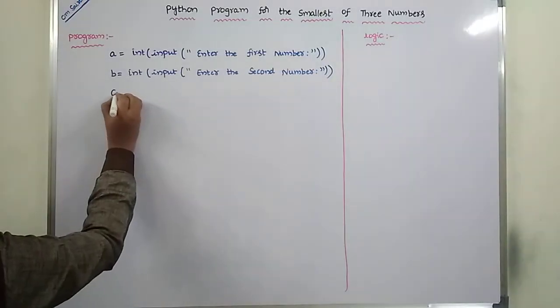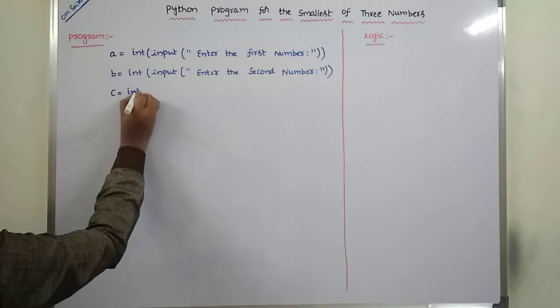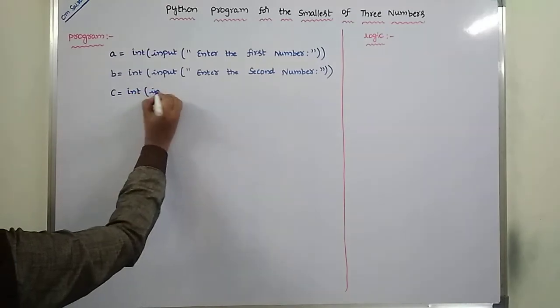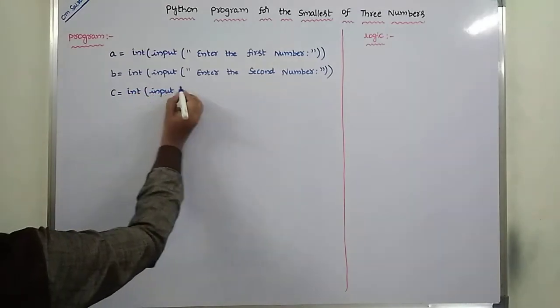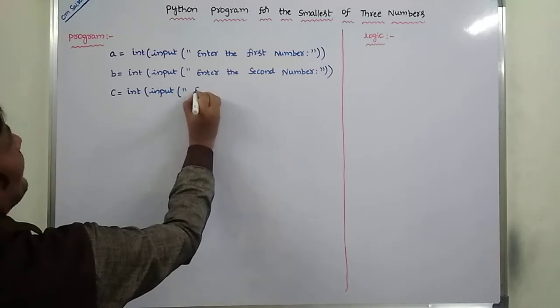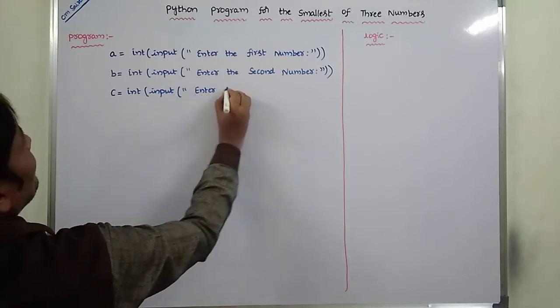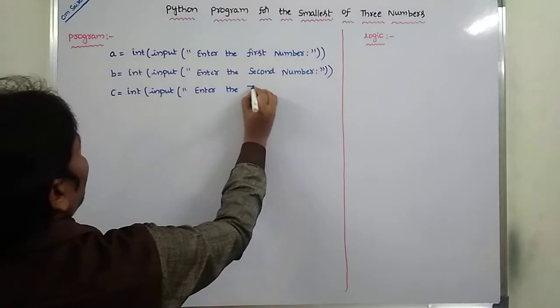Next, c is equal to int of input of "enter the third number".